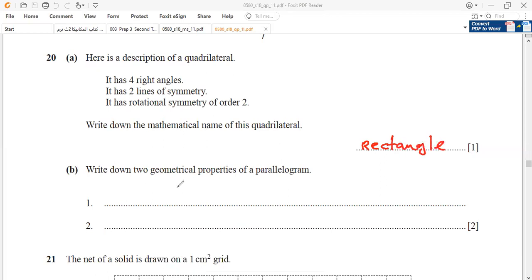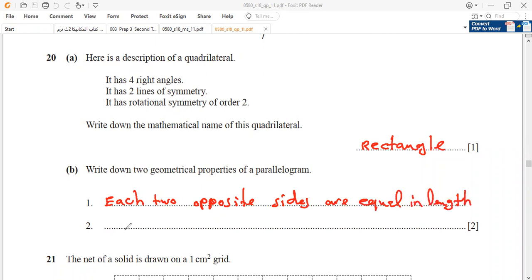Part B, write down 2 geometrical properties of a parallelogram. The first property, we can say that each 2 opposite sides are equal in length.